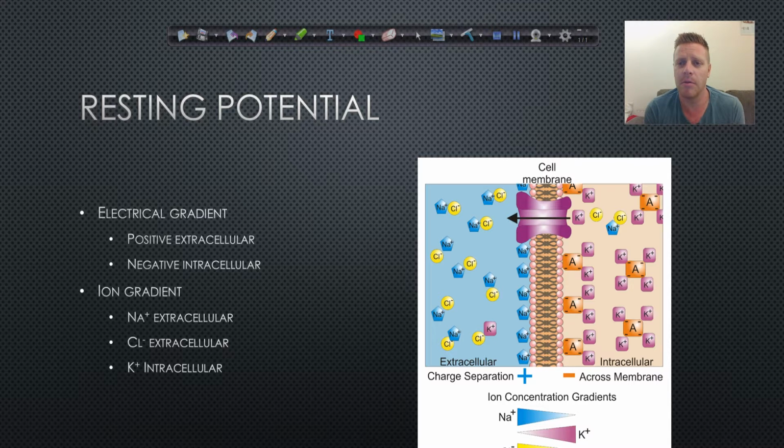One other thing that this simultaneously does is to create an electrical gradient. There are more positive ions outside the cell, which makes it relatively more positive than the intracellular space. And so this negative intracellular space is what's referred to as a resting membrane potential.